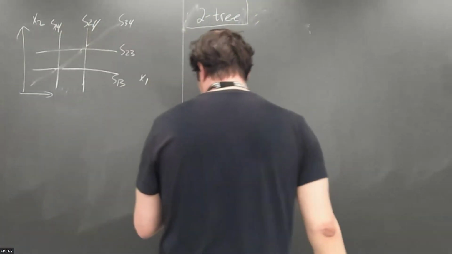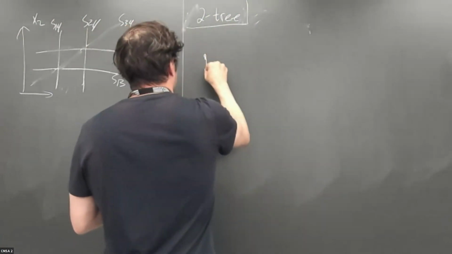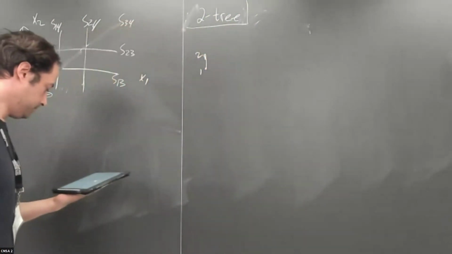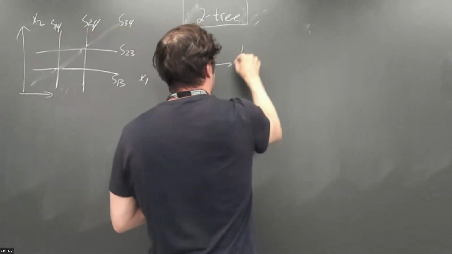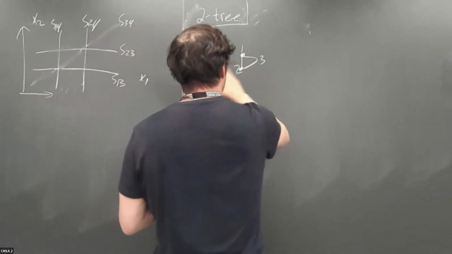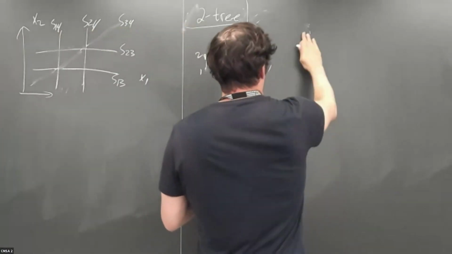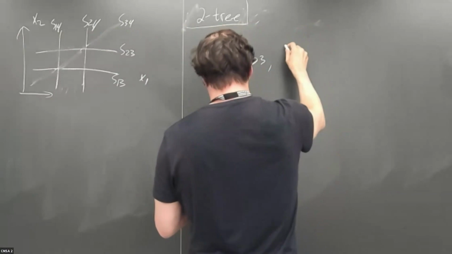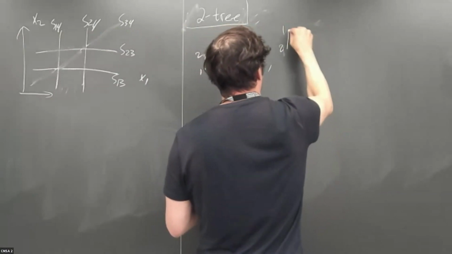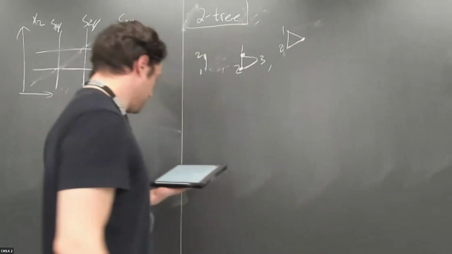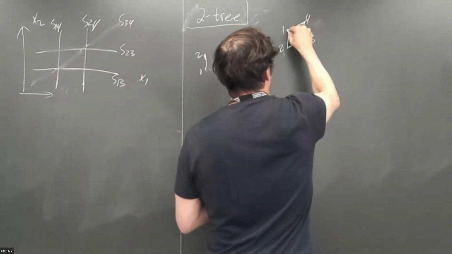So we start with a line segment, 1, 2, then 1, 2, 3, and then we have 3 choices for the next case: 2, 3, 4.